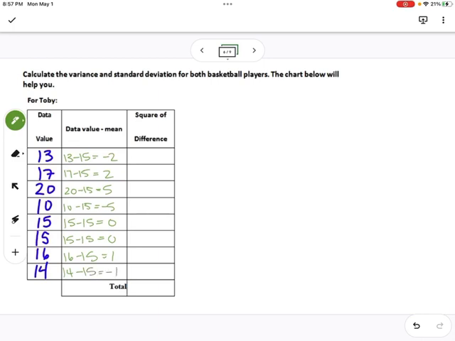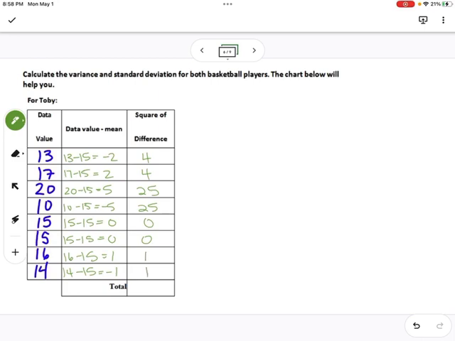Okay. So once we have these differences, we want to square those differences. So negative 2 squared is 4. 2 squared is 4. 5 squared, 25. Negative 5 squared, 25. 0 squared is 0. 0. 1 squared is 1.